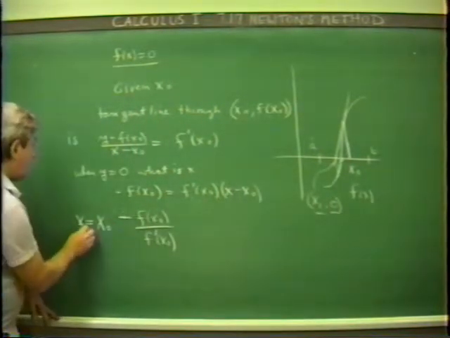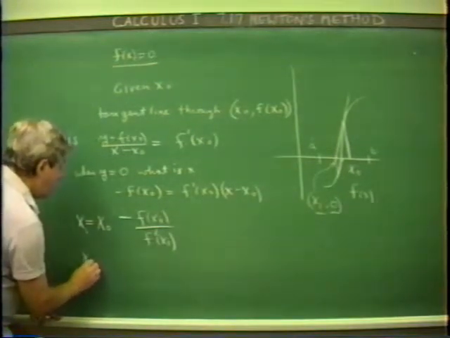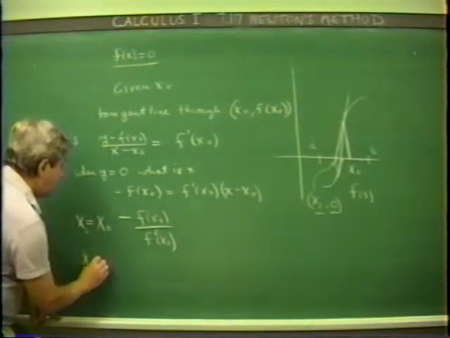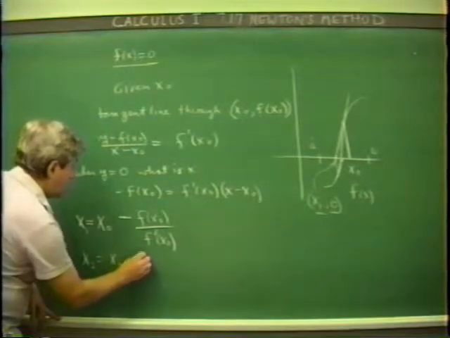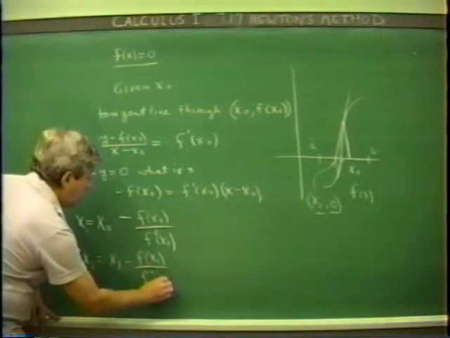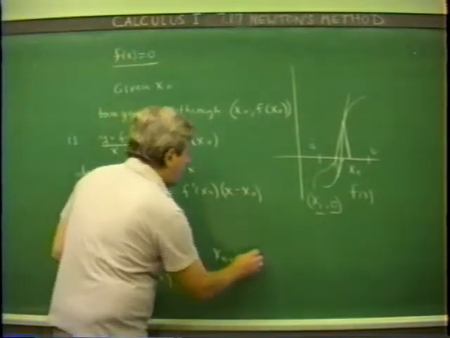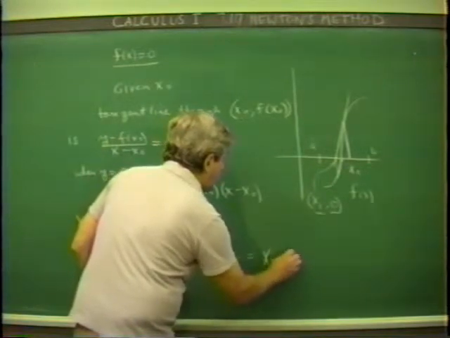Right? Now, clearly, one of the things we have to suppose here is that f prime of x0 is not 0, otherwise this would not cross the x-axis. This will then give us x1, a second approximation. And in general, you can just simply iterate this. x2 will be x1 minus f of x1 divided by the derivative at x1.